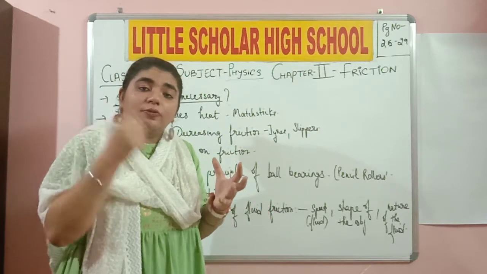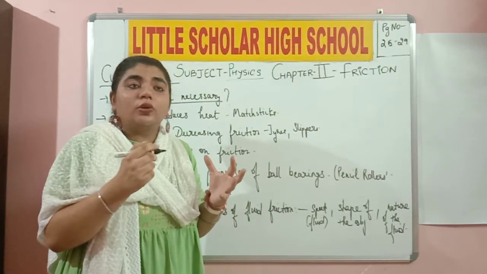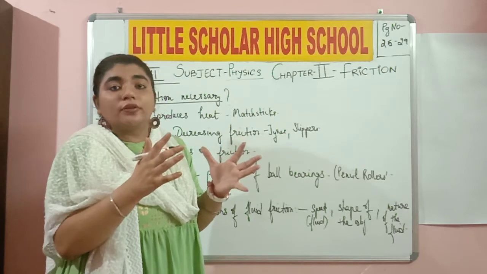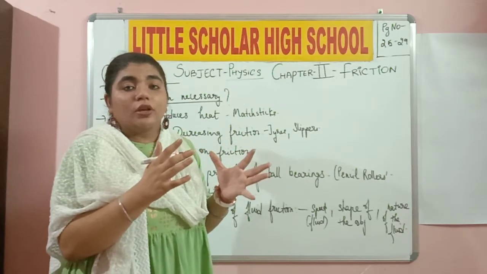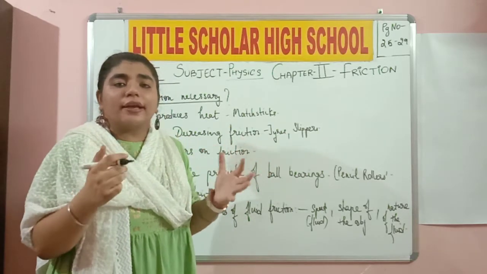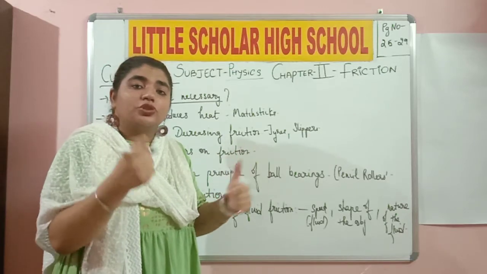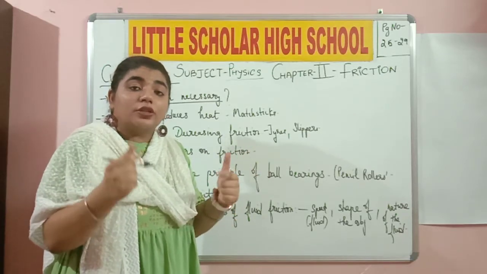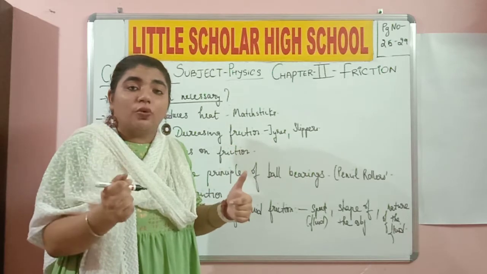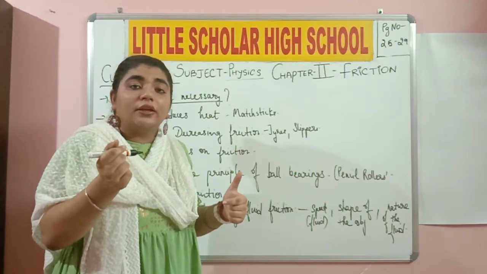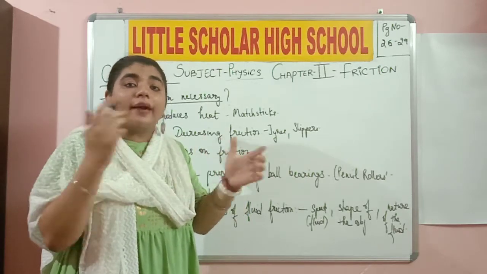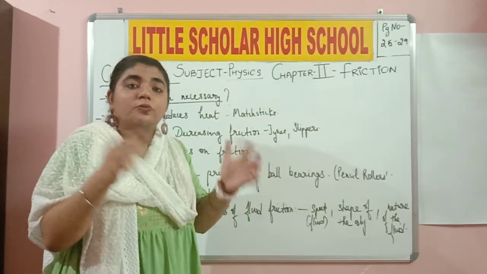They have become smooth. They don't look as they did when you bought the car for the first time. Do you understand now? Why do you think this has happened? Because of frictional force. The frictional force between the tires and the road has caused overheating, because of which the tires have worn out and smoothened.